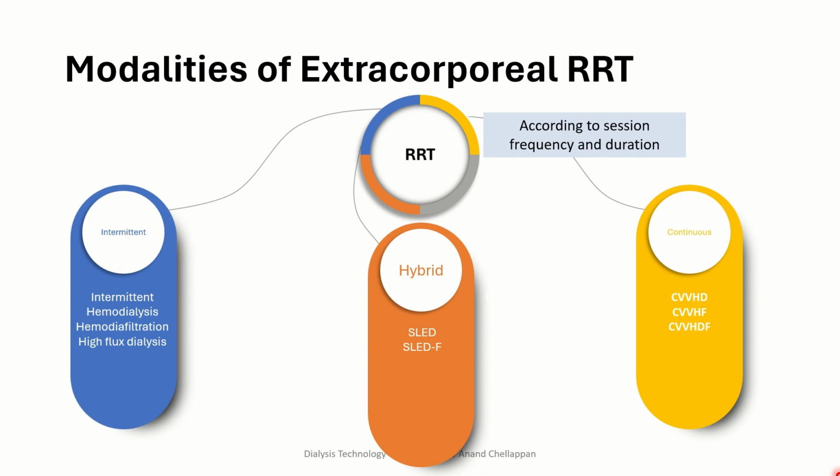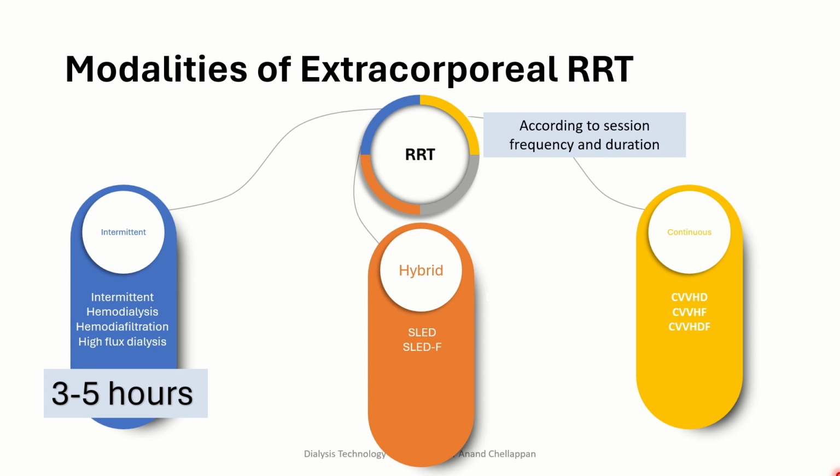Now, the intermittent therapies are usually 3 to 5 hours in duration. These are the hemodialysis sessions which we perform in our maintenance hemodialysis patients. It also includes hemodiafiltration and even high flux dialysis.